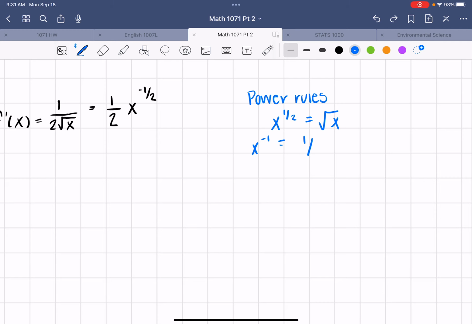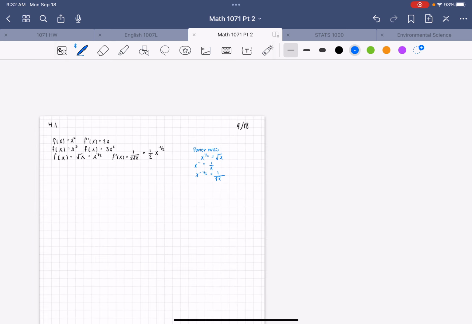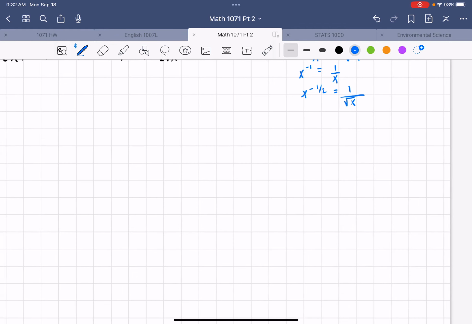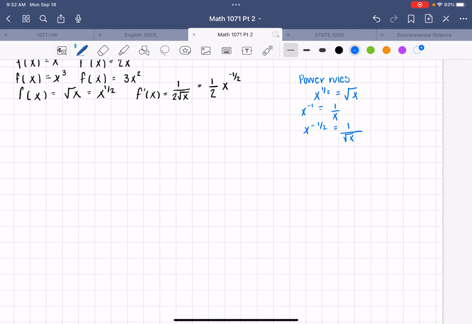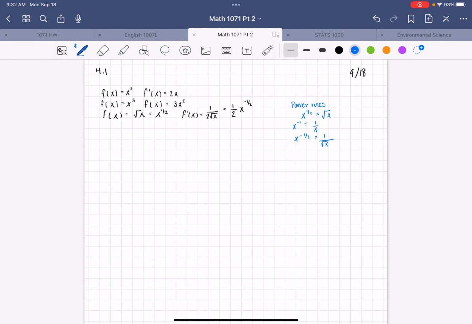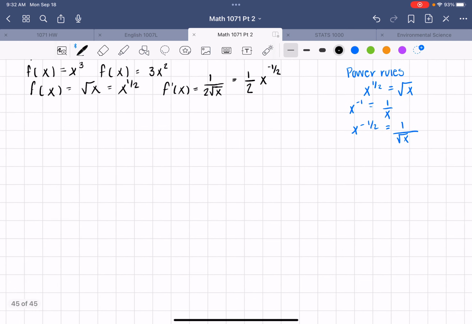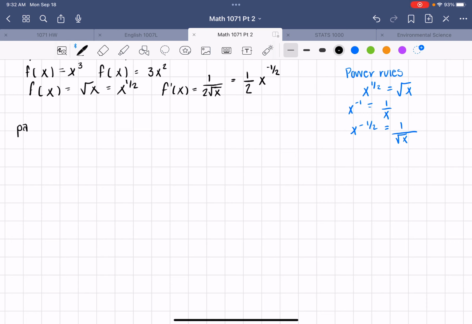So if you look at these three examples we've done, the derivative of x squared is 2x. The derivative of x cubed is 3x squared. The derivative of root x is 1 over 2 root x. There is a pattern here. And in the engineering calculus 1131, we use the binomial theorem to prove this pattern.